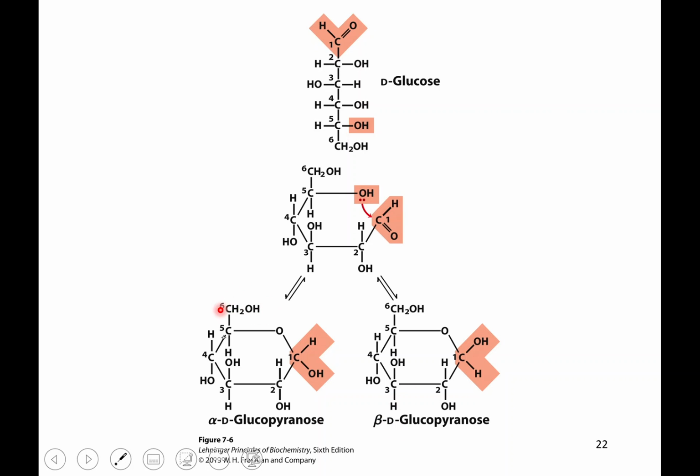And if the OH is on the opposite side, that's kind of like a trans isomer, and that's what we refer to as the alpha anomer. So these ring structures we'd call beta-D-glucopyranose and alpha-D-glucopyranose. That term pyranose is telling you it's in a ring structure.